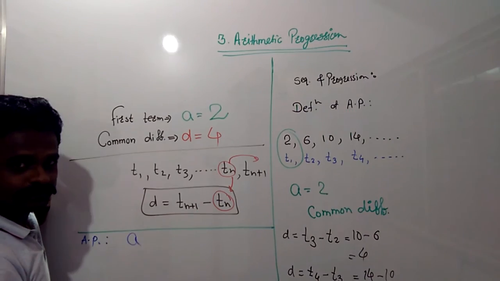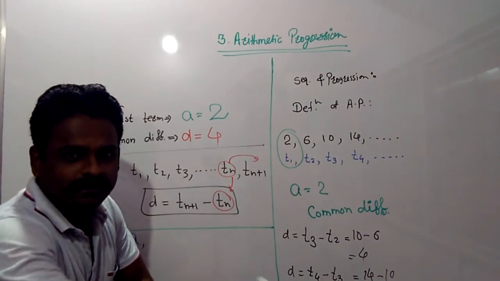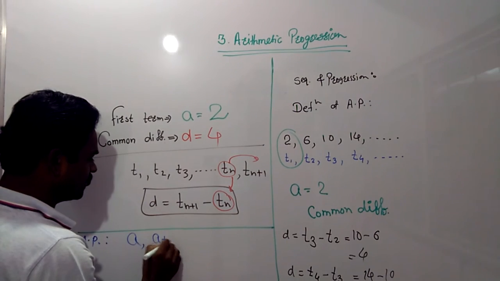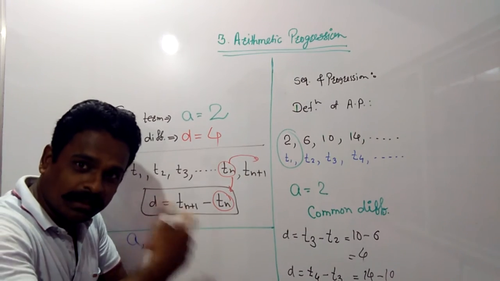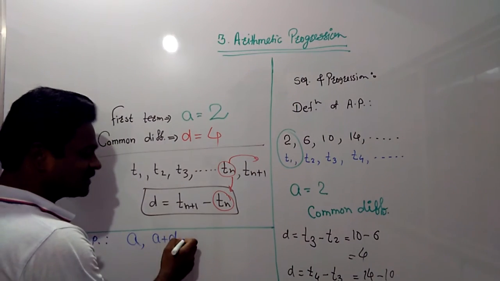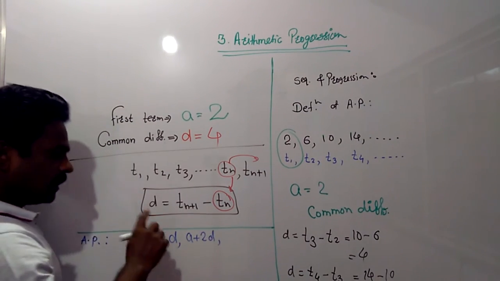Now the next term will be, we just add the common difference to it. That means A plus D. Next to that, again we add one more D, so A plus 2D.